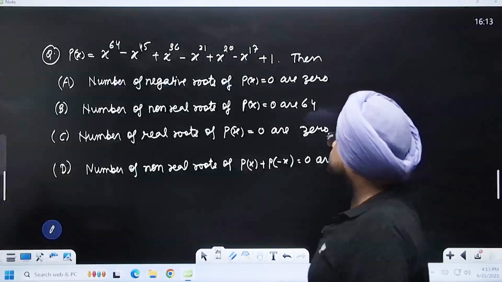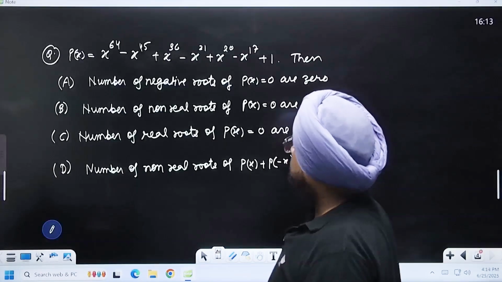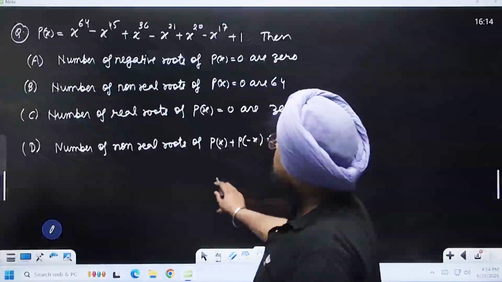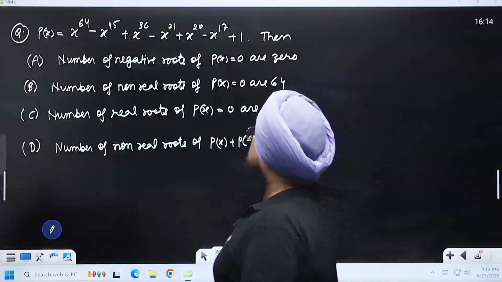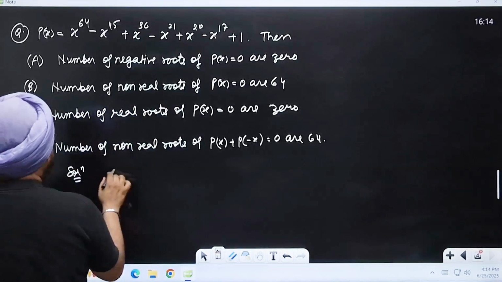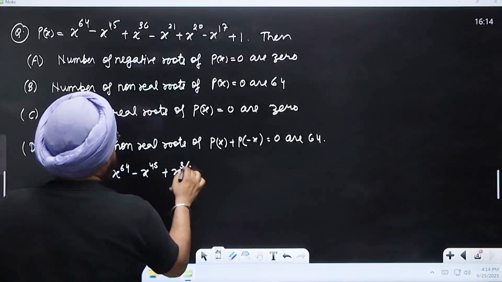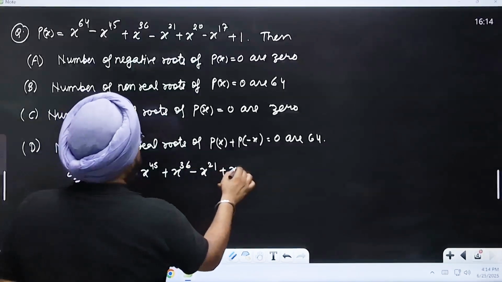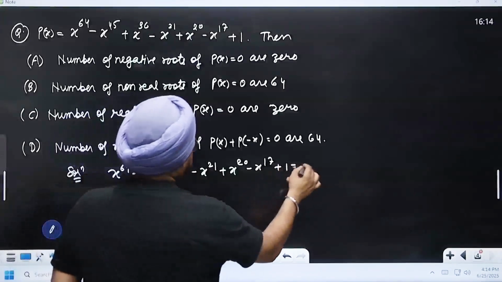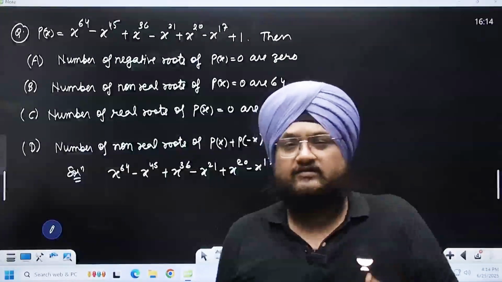See, real root, non-real root, negative root. First we can check option A, number of negative roots. So we need to find whether this equation is satisfied by any negative value of x or not.